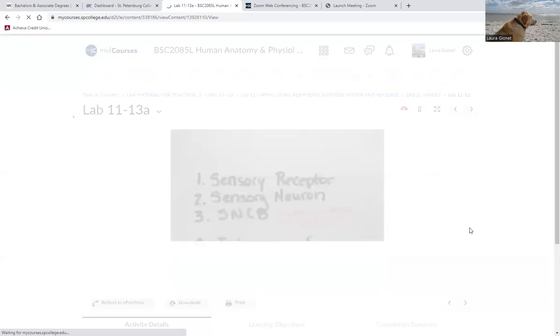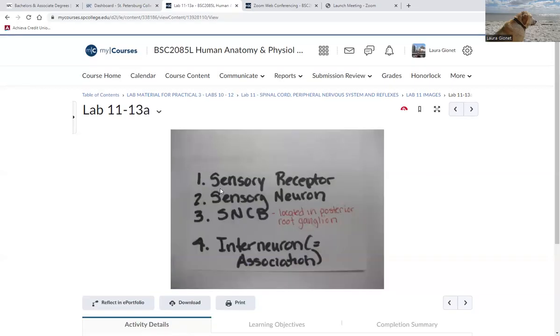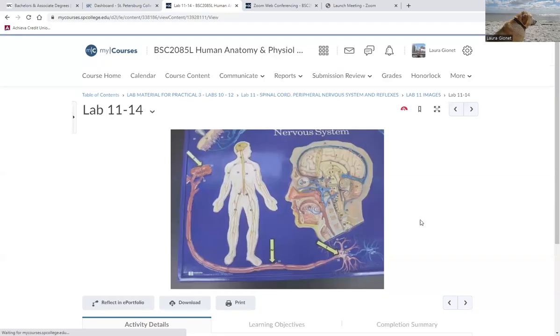So we have 1, which is your receptor. Then that blue neuron is your sensory neuron. Remember that the cell bodies of those sensory neurons are clustered in a ganglion called the posterior root ganglion. Then we have the interneuron or association neuron, the next neuron in the chain. And then we have the motor neuron here.